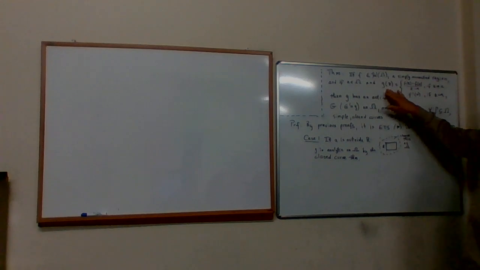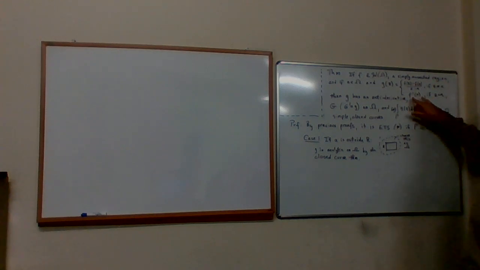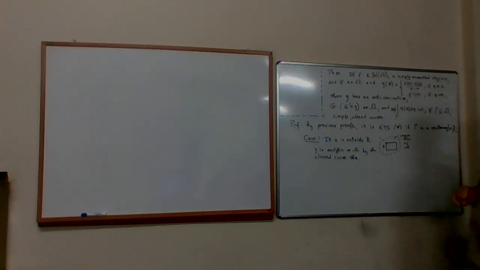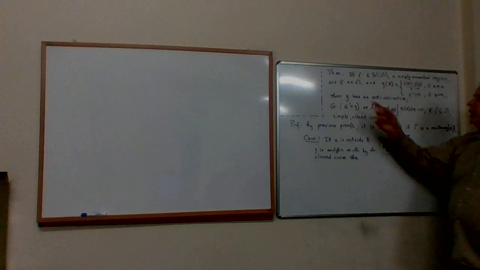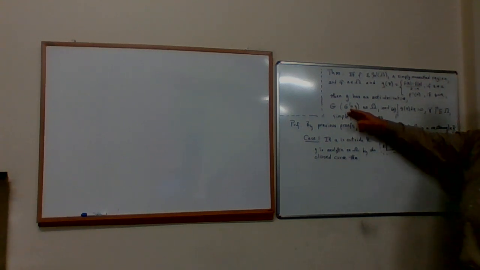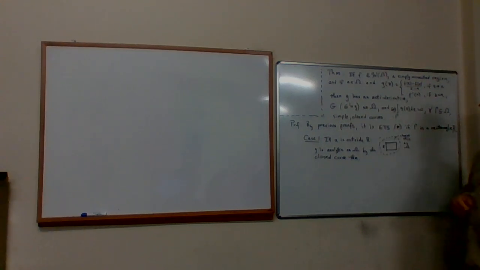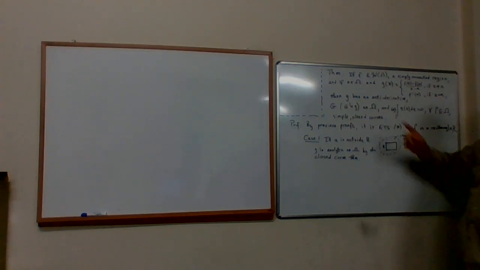So we're going to define this new function in terms of the difference quotient away from a and the derivative at a. And the punchline to this is, then g has an antiderivative. And you remember an antiderivative just means that its derivative is our original function g, that's true throughout omega.